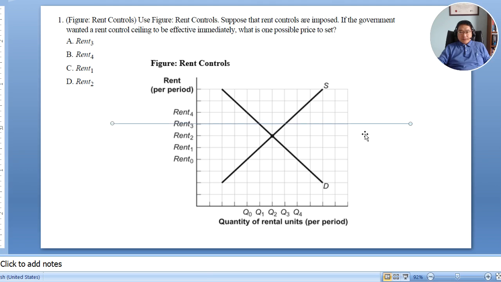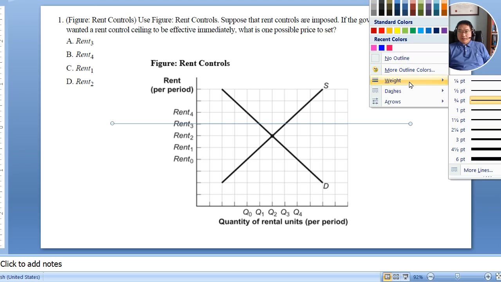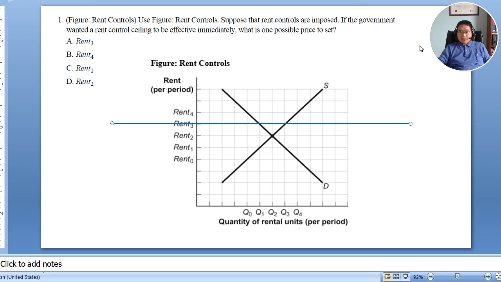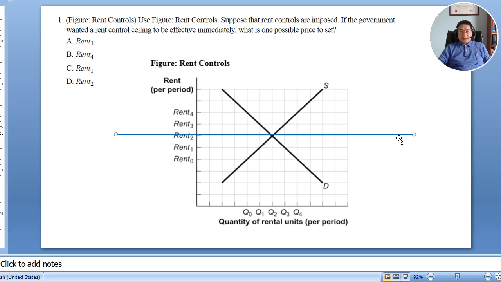I will make a very visible line. Make it larger. Heavier and different color. Okay. So we know that at rent 2, this is an equilibrium price.